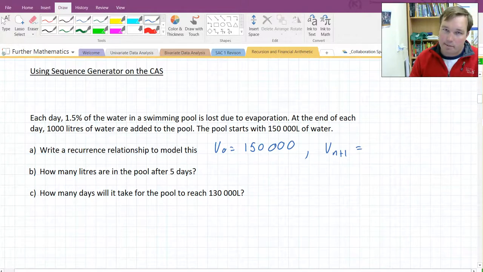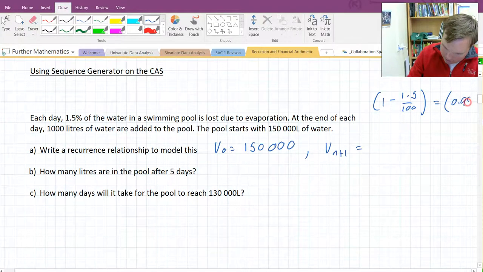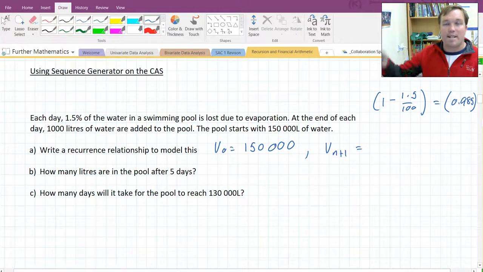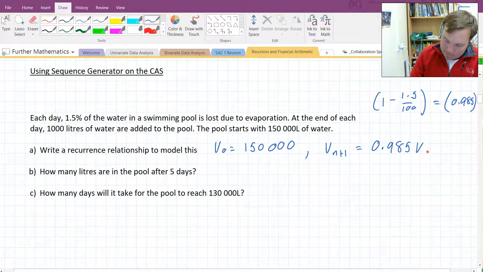Now, decreasing by 1.5%, you can do by saying 1 take 1.5 on 100, and if you put that in your calculator, it will go 0.985. So that's what we want to multiply by to decrease it by 1.5%. So we would multiply by 0.985 Vn, adding in the water 1,000.